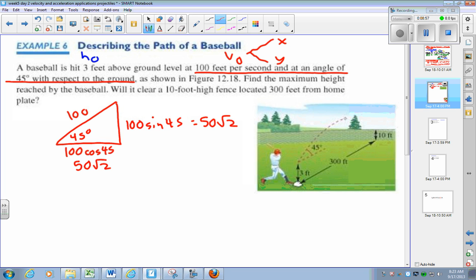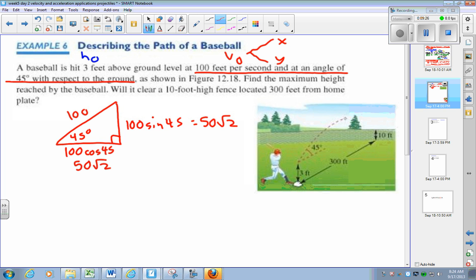So that 100 feet per second is equally split on helping the ball go out and helping the ball go up. Now, when I say equally split, that does not mean you just divide it in 2 and say 50 goes out and 50 goes up. Because it's on that right triangle, but it is split equally on how much of that power or how much of that speed is going towards the right and going towards the up.